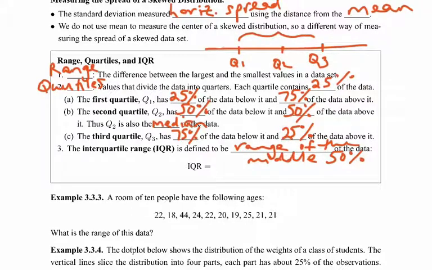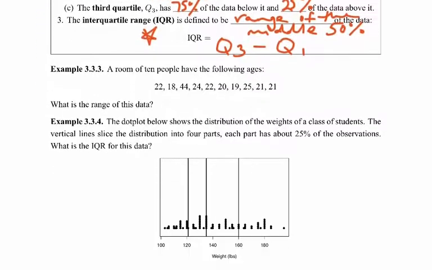So the range would be the difference between the highest and the lowest. How would we get the IQR? We're going to do Q3 minus Q1, and that's how we calculate the IQR. When we're working with a skewed distribution, the IQR is what we use to measure the horizontal spread. So let's take a look at an example.